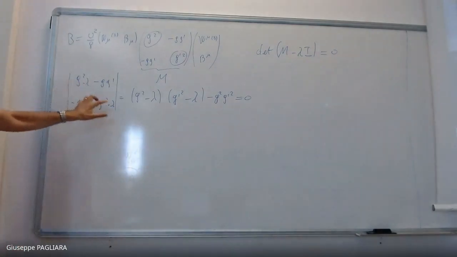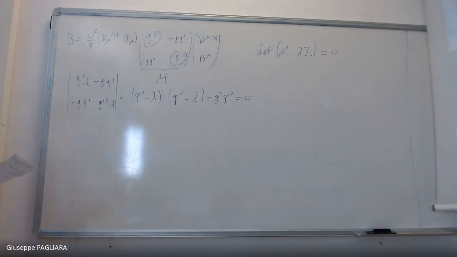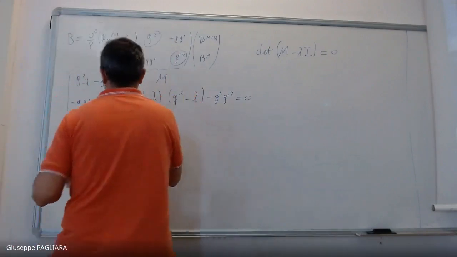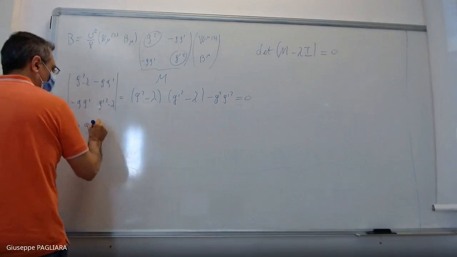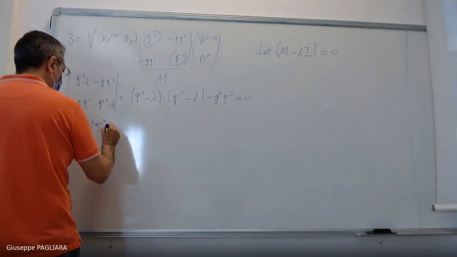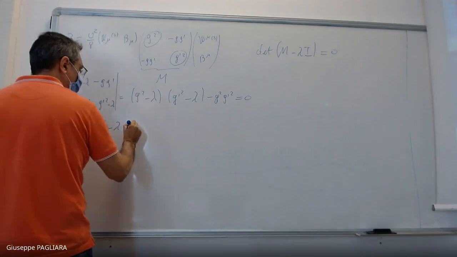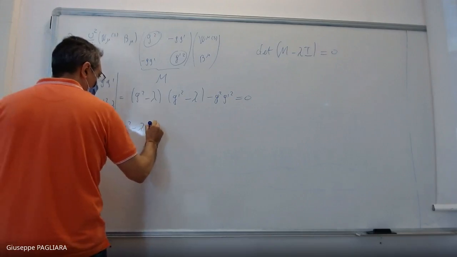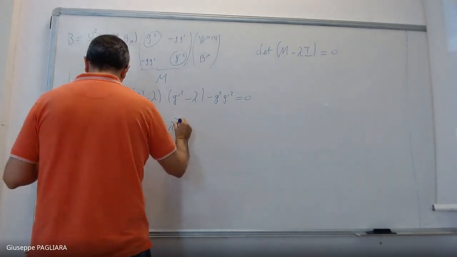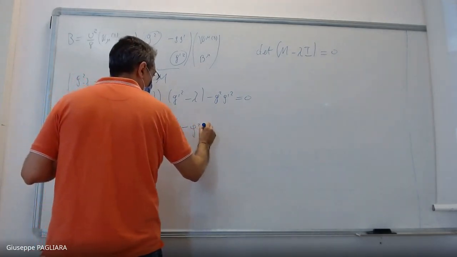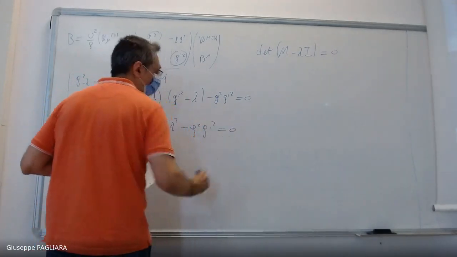So it's this times this minus this times this. So what we have here is g squared g prime squared minus lambda g squared minus lambda g prime squared plus lambda squared minus g squared g prime squared.